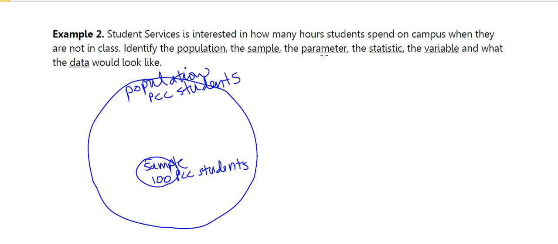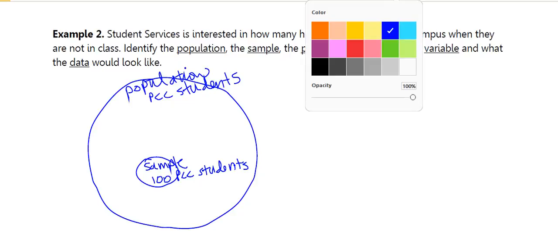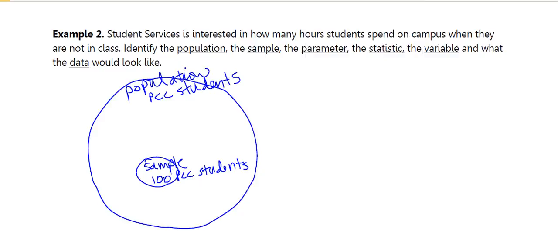Okay, so we've got our population and our sample. Now we need to talk about parameter and statistic. The parameter goes with the population. And I need to change the color of my pen again. Let's go with pink.